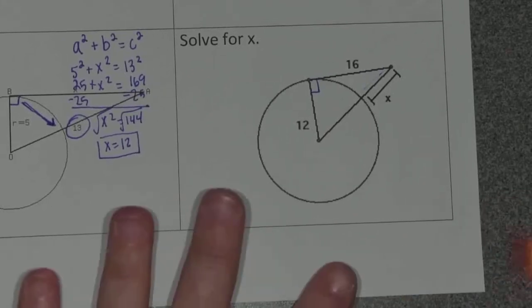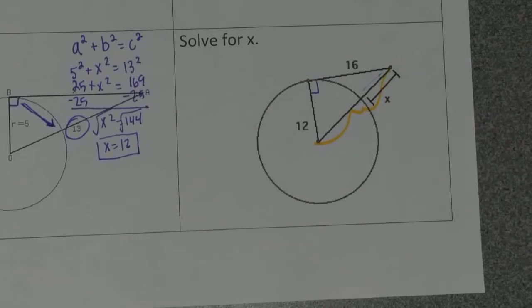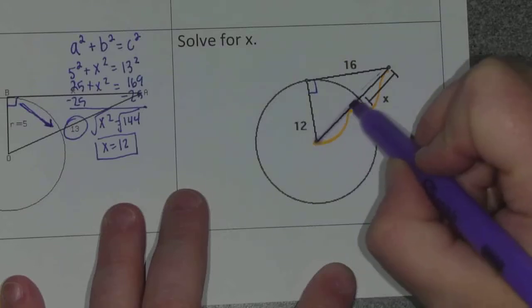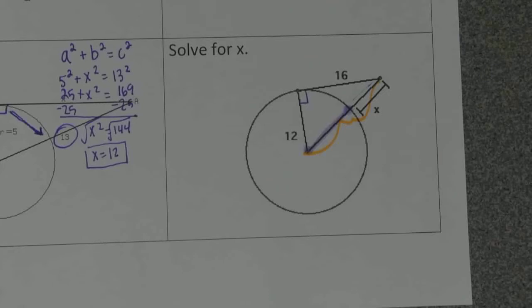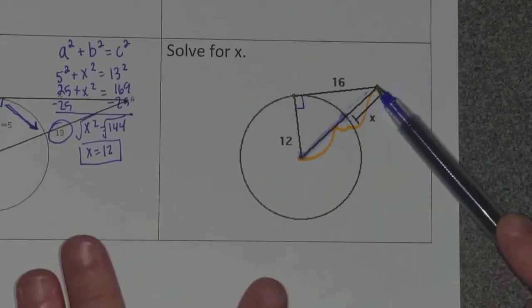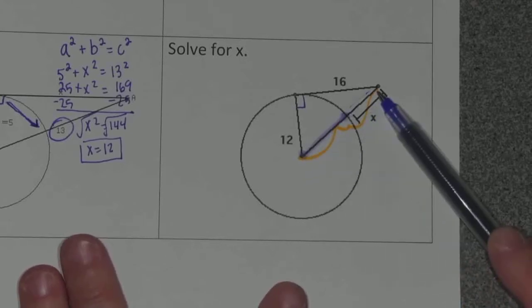I know I can solve the Pythagorean theorem and I can find this whole length right here, right? That would be what we would find with the Pythagorean theorem. So how do I find that little piece that's missing? Does anybody know anything about this piece that goes from here to here? It's 12 because it's a radius, right? So if I find this whole length over here by doing the Pythagorean theorem, can I just take 12 off of it to find that little piece?